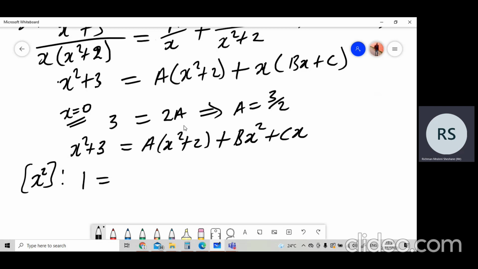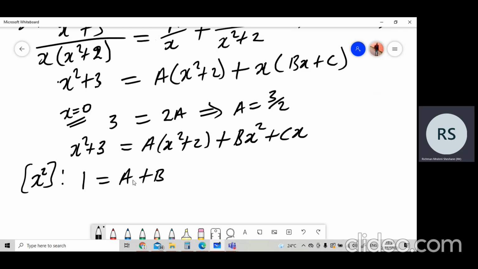It will be equal to the sum of the coefficients of x squared on the right hand side, which is a plus b. So the coefficient of x squared on the left hand side equals the sum of the coefficients of x squared on the right hand side, right?